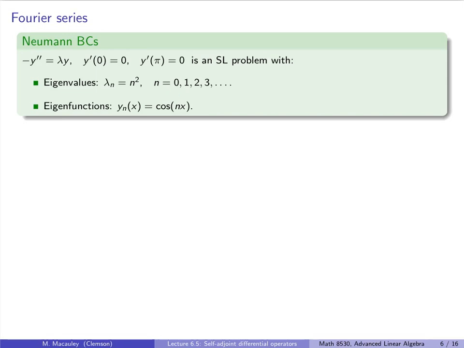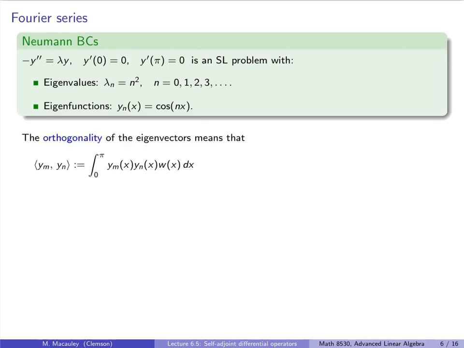More on that in a second. And the eigenfunctions yn of x are cosine of nx. Notice if n equals 0, then we have a constant solution to this, which we did not get for the previous one because sine of nx is just 0. That's why we had to include a 0 here.